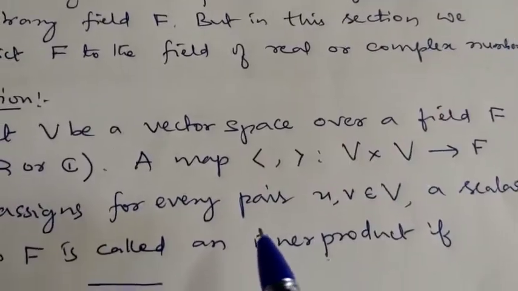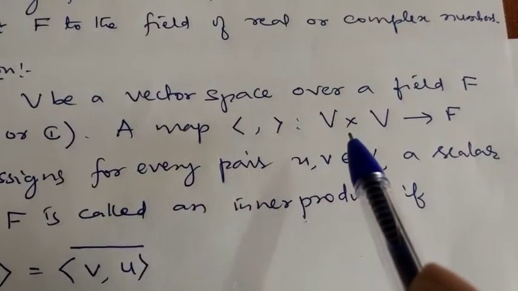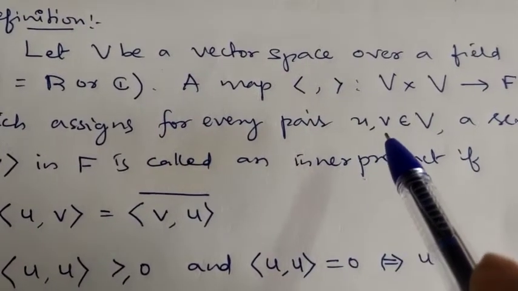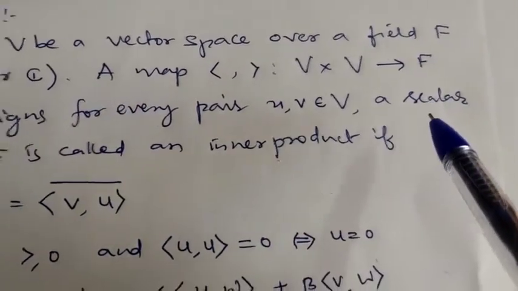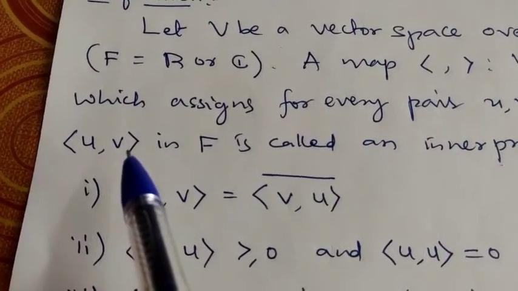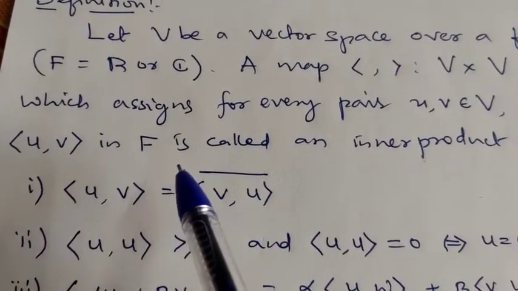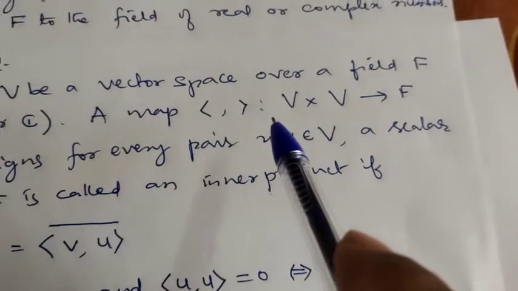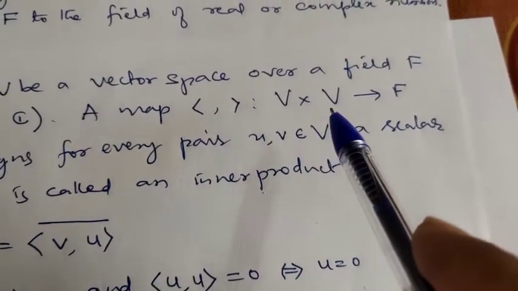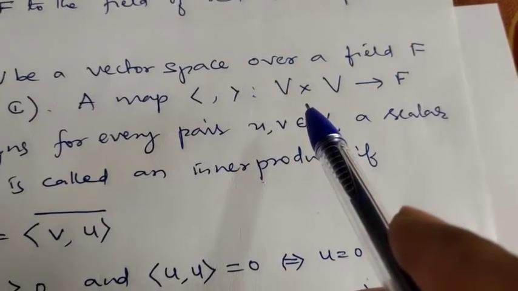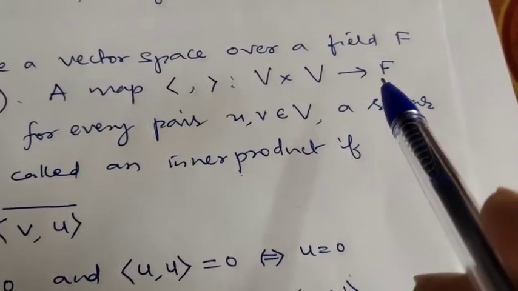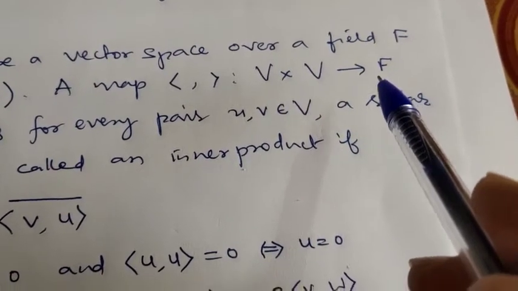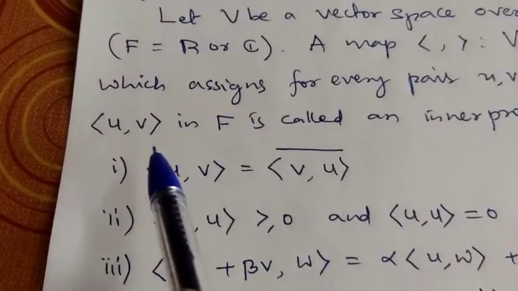Then a map from V cross V to F, which assigns for every pair of elements U, V in V a scalar, denoted by the inner product of U, V, in F, is called an inner product. That scalar is either real or complex. It is just a function.